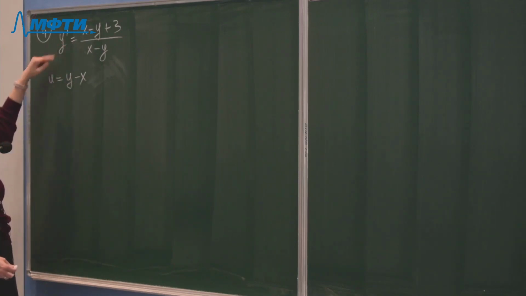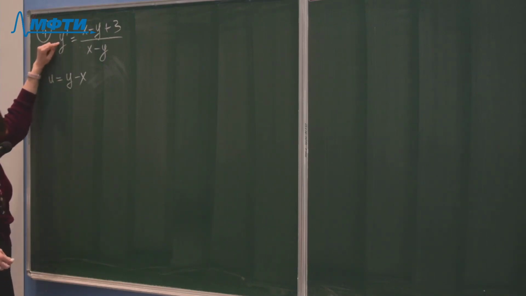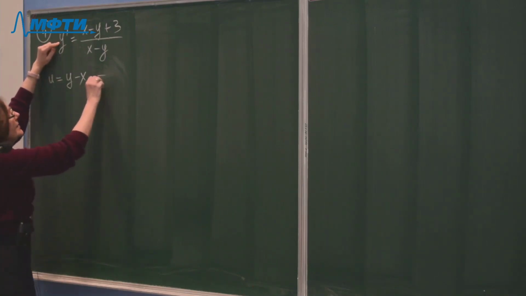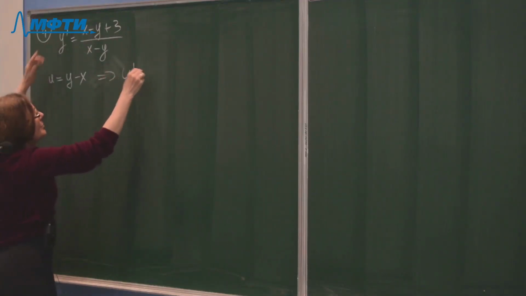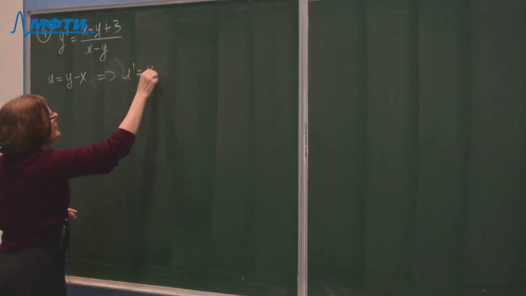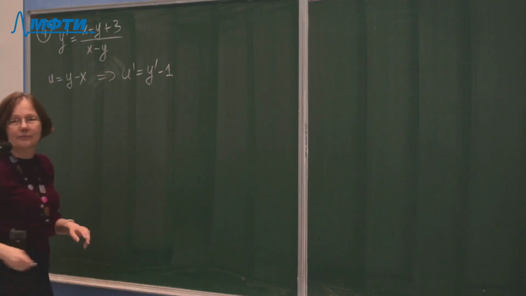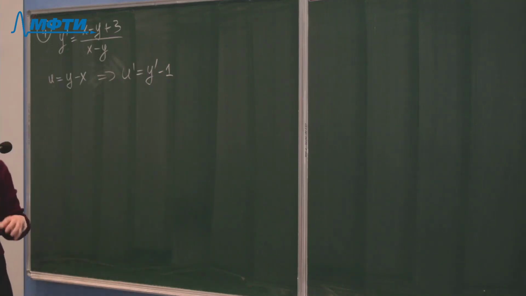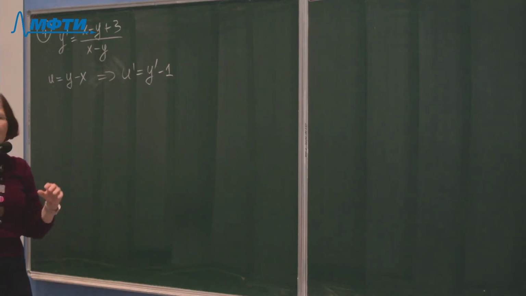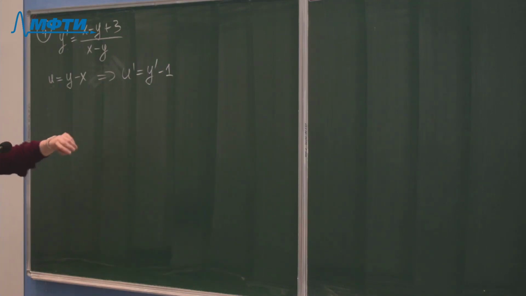And we will substitute this function into our equation. First, we should differentiate, because we need to replace y prime, right? Let's differentiate, and it will be u prime equals y prime minus 1, because we differentiate with respect to x. x is our independent variable.